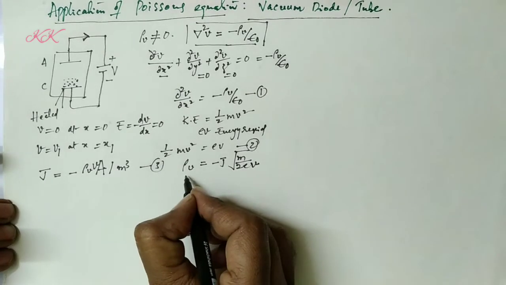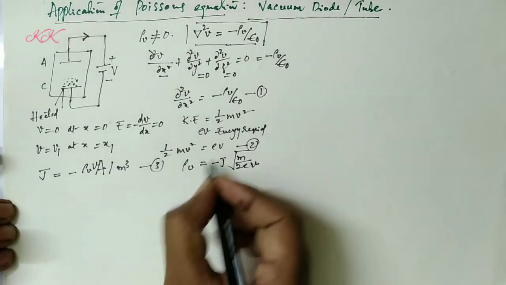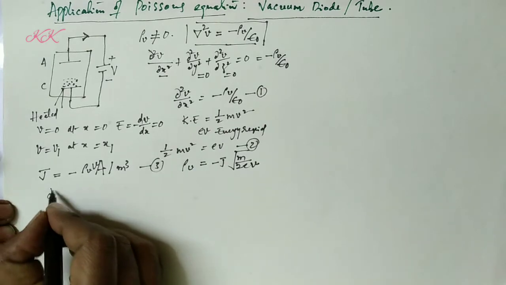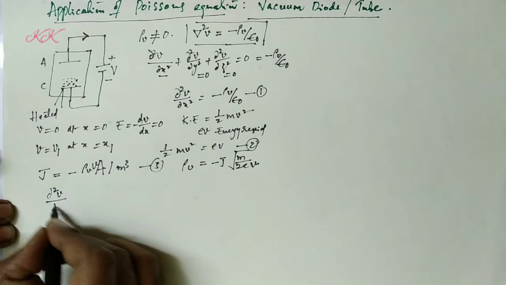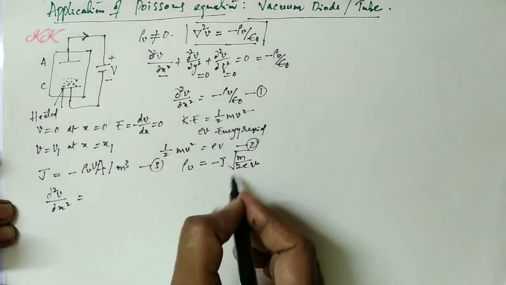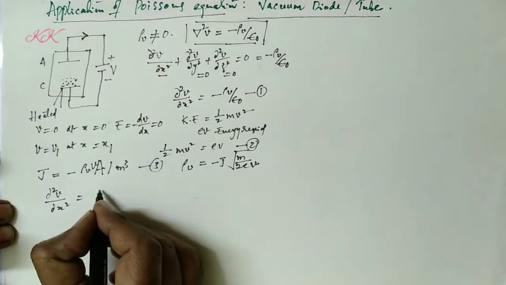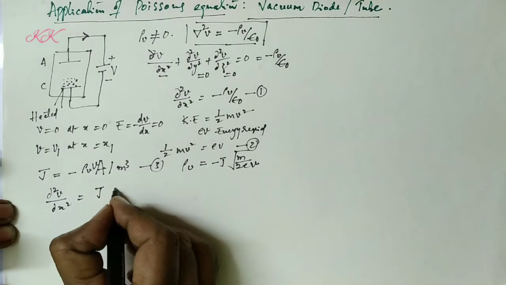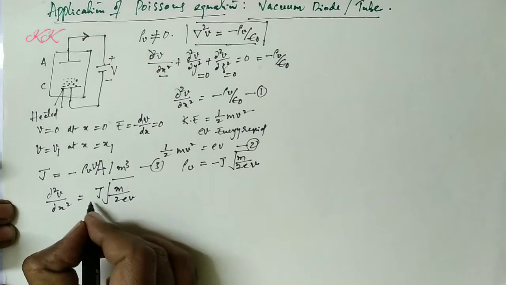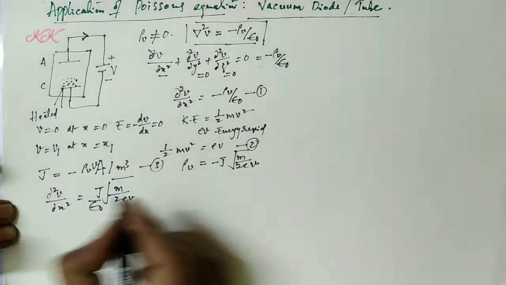We know the value of rho v and this is substituted in equation number 1. Then we get del square V by del x square equals, minus of minus is plus, J square root of m by 2eV divided by epsilon naught.